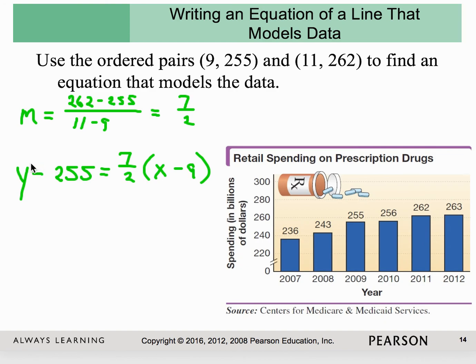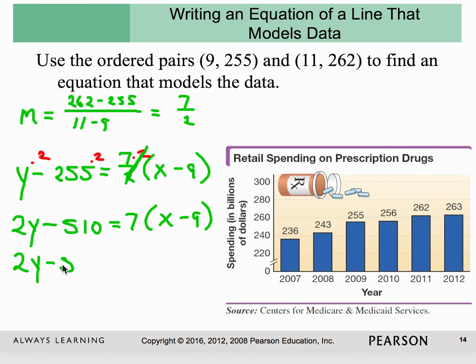Let's get rid of that fraction. So we have 2y minus 510 equals 7 times x minus 9. Let's get rid of those parentheses. 2y minus 510 equals 7x minus 9. Let's solve it for y.